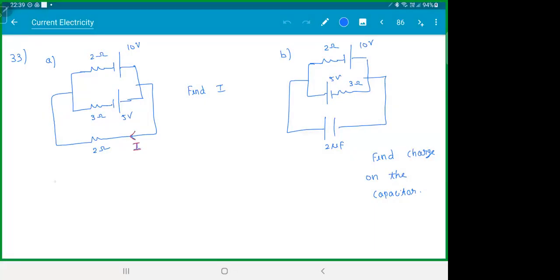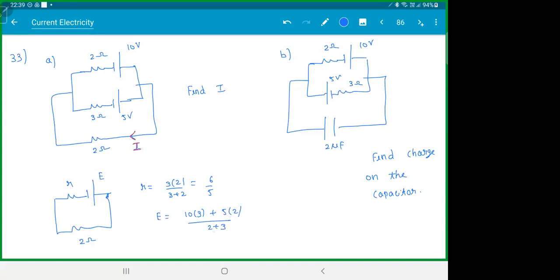So here, what is the E battery? You can replace this with one battery here with a 2 ohm resistor. So this R equivalent will be R1 R2 by R1 plus R2, that is 3 into 2 by 3 plus 2, 6 by 5. And this EMF will be (E1 R2 plus E2 R1) by R1 plus R2, that is 10 into 3 plus 5 into 2 by 5.